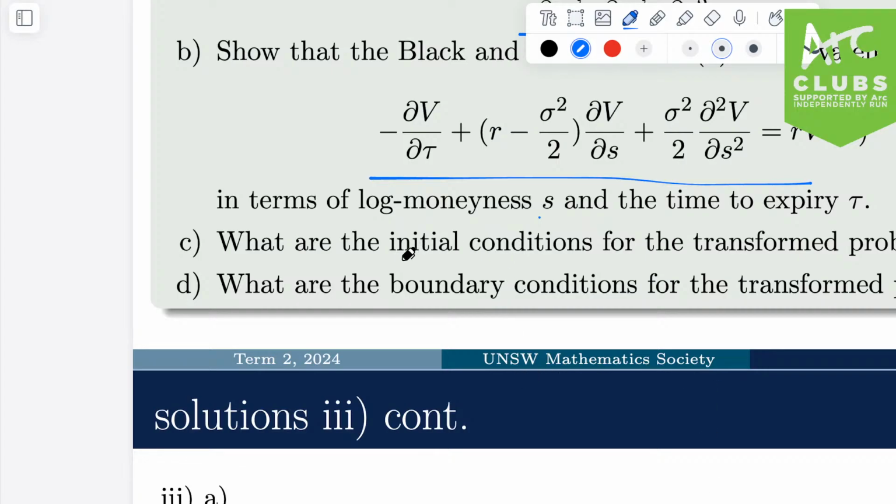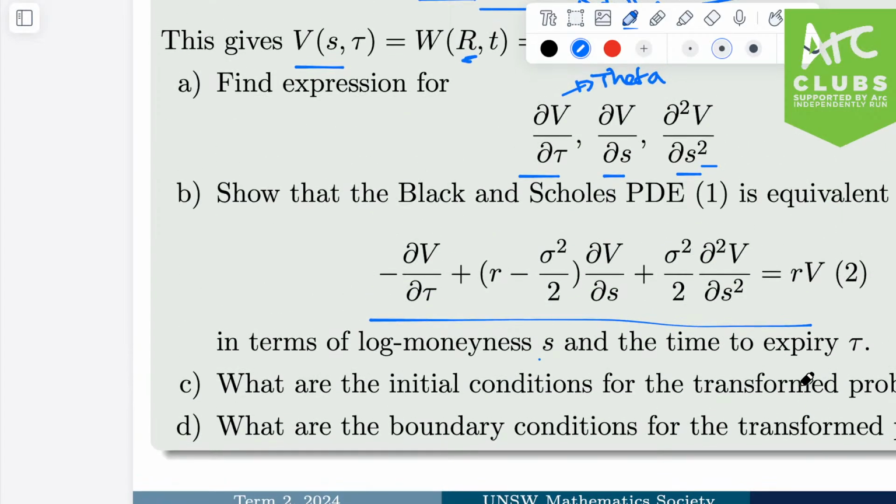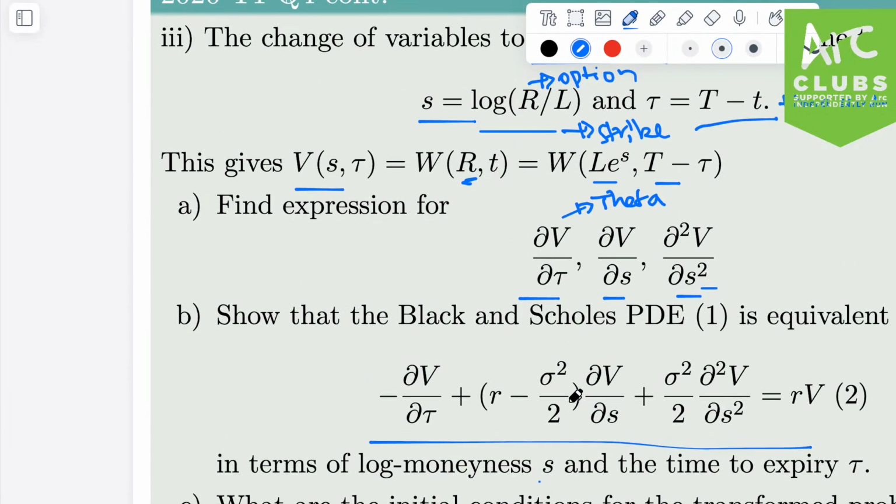And then it asks us to look at the initial conditions and the boundary conditions for the transformed problem. Okay, I think this is a good question, but it doesn't really require any knowledge. We just want to look at the limit, because the initial condition is just what happens to the expression when small t is equal to capital T, right? Yeah, or when tau is equal to 0.